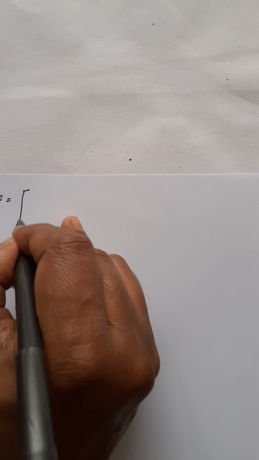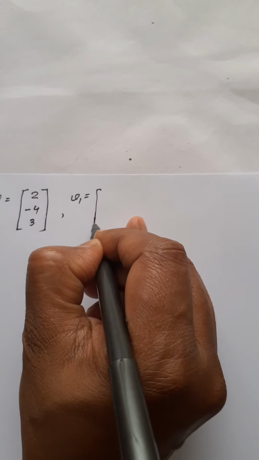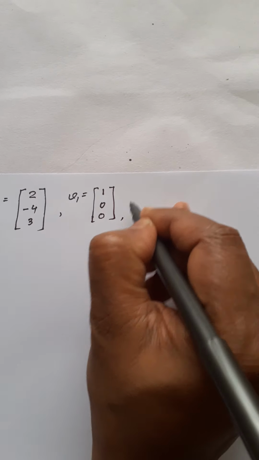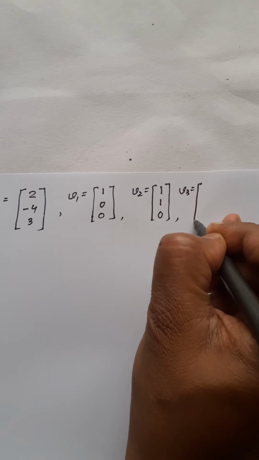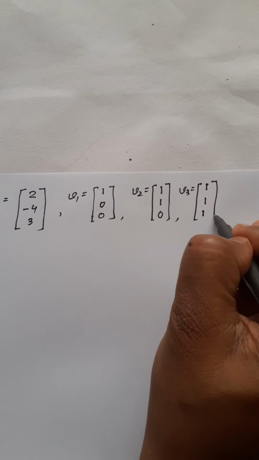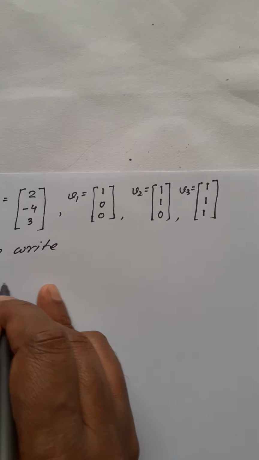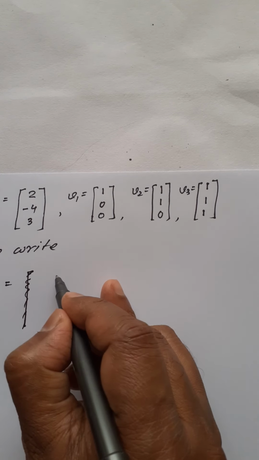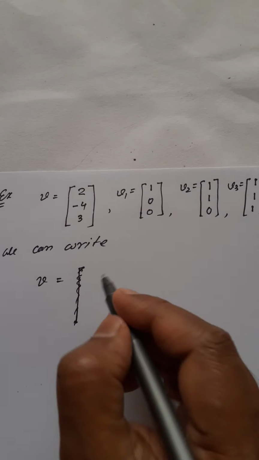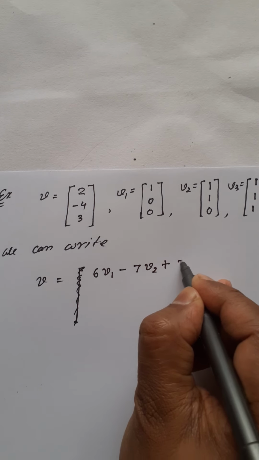In a similar way, you observe that if I take v to be the matrix 2, minus 4, 3, say v1 to be the matrix 1, 0, 0, v2 to be the matrix 1, 1, 0, and v3 to be the matrix 1, 1, 1, we can write v as 6 into v1 minus 7 into v2 plus 3 into v3.